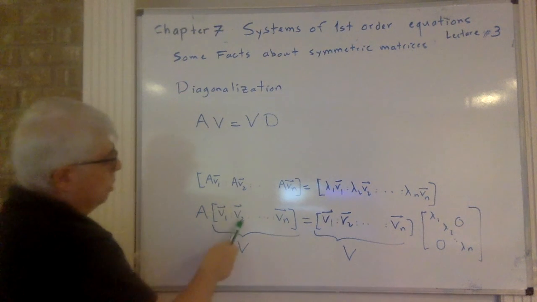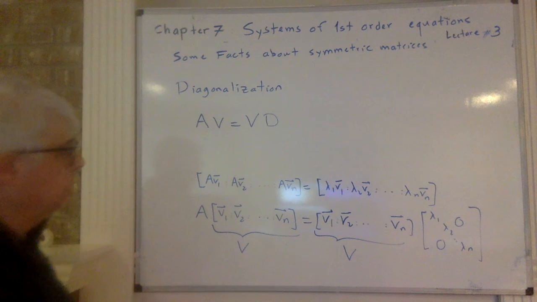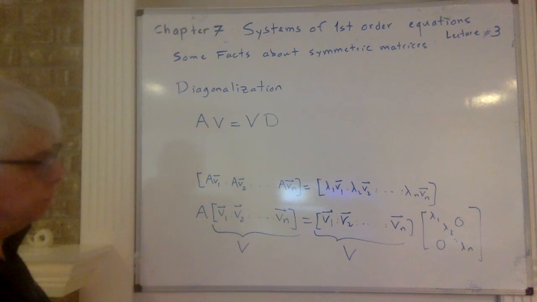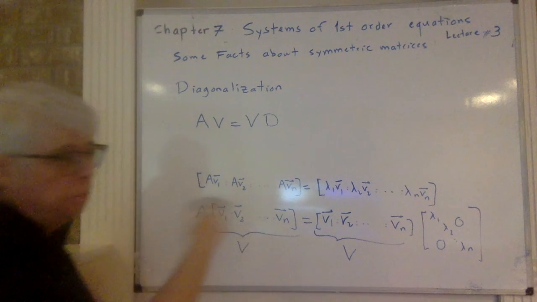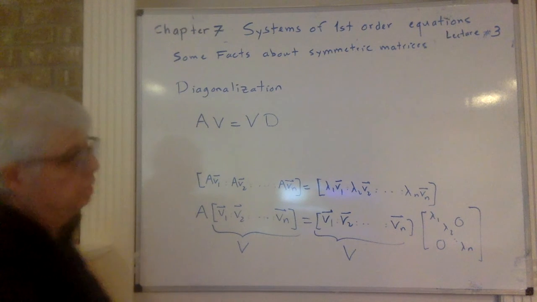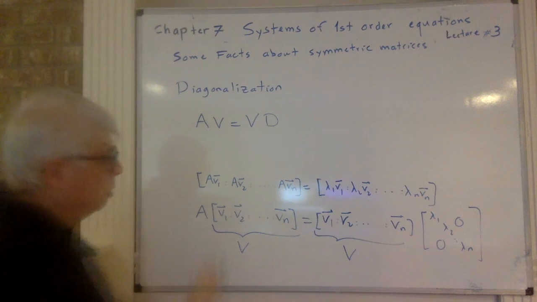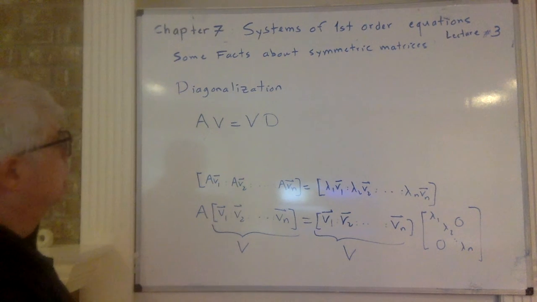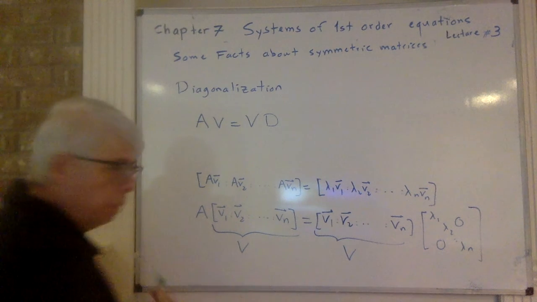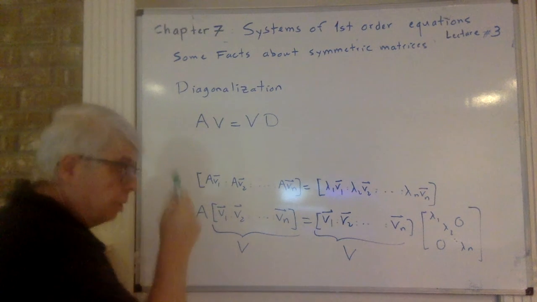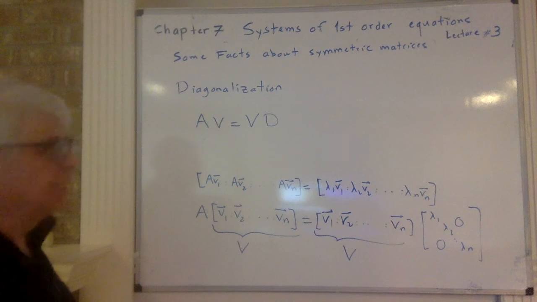Now, I assume that the eigenvectors are linearly independent. If they are linearly independent, they make a basis for Rn, in fact, because they are n. And we saw that when A is symmetric, that happens. But the problem is maybe they are not real.